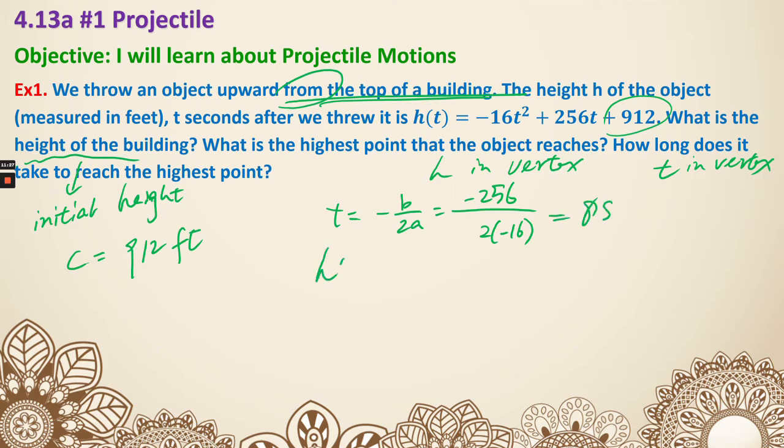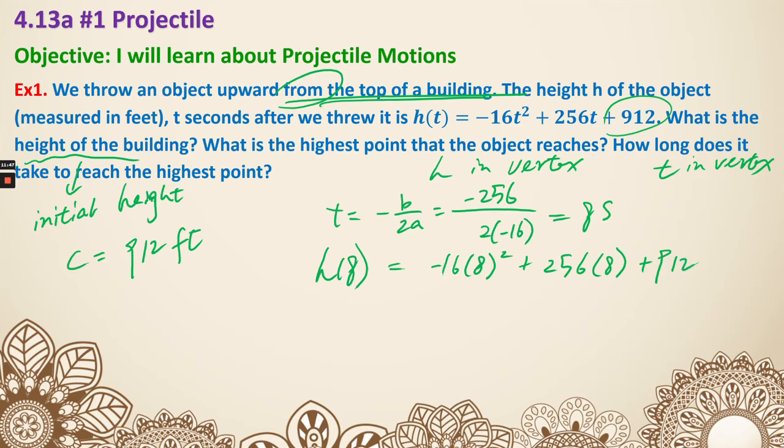As for my h of t, it's not going to be h of t anymore, it's h of 8, because my time is 8 seconds. So I'm just going to plug it back in. Negative 16 times 8 squared plus 256 times the 8, plus 912.